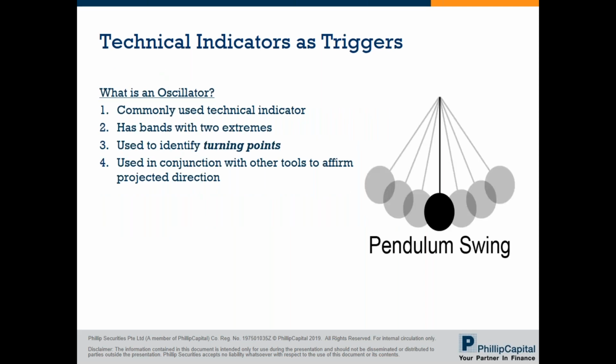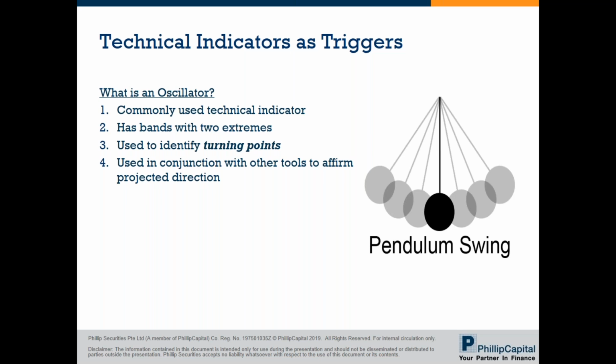Right, so there are many technical indicators that can be used, but for the sake of today's presentation within this scope, I will be covering oscillators. So oscillators are a very popular kind of technical indicator. They are commonly used, right?